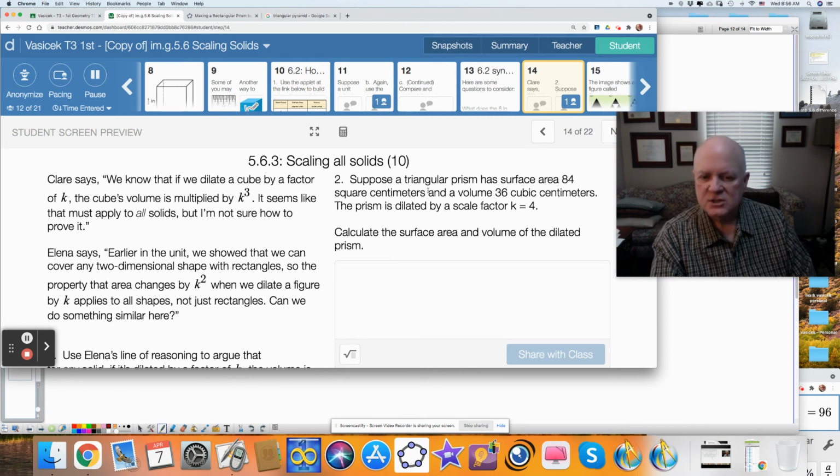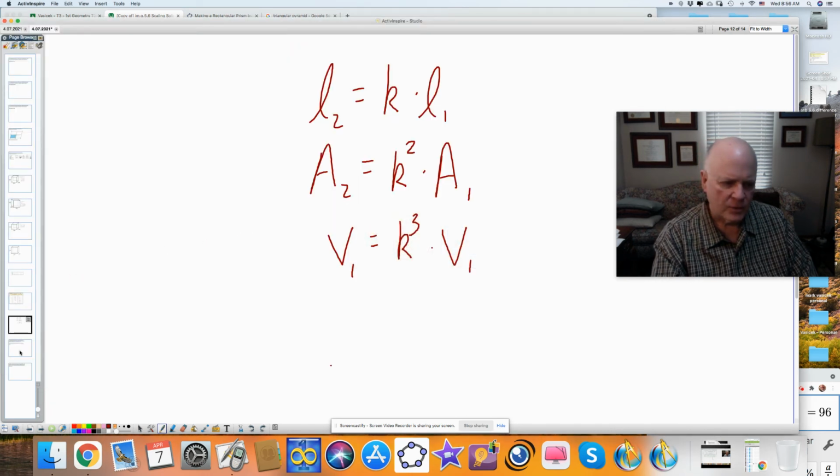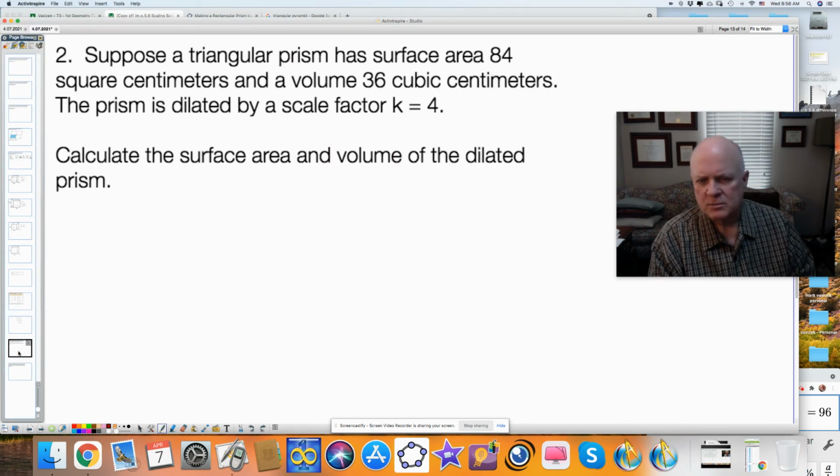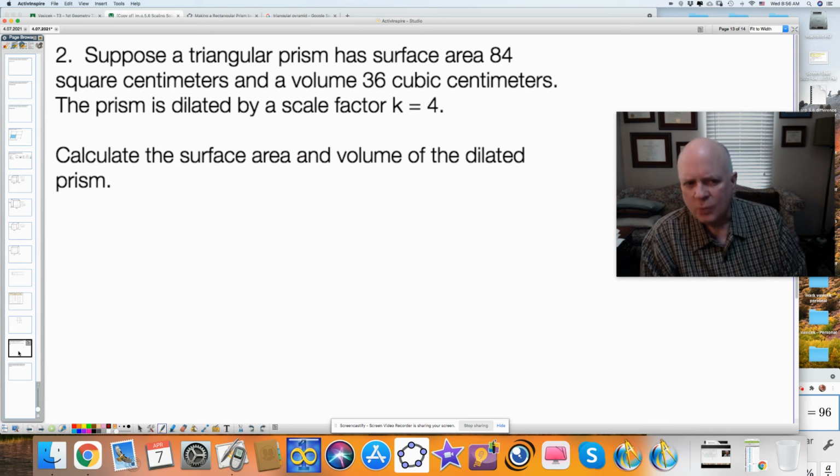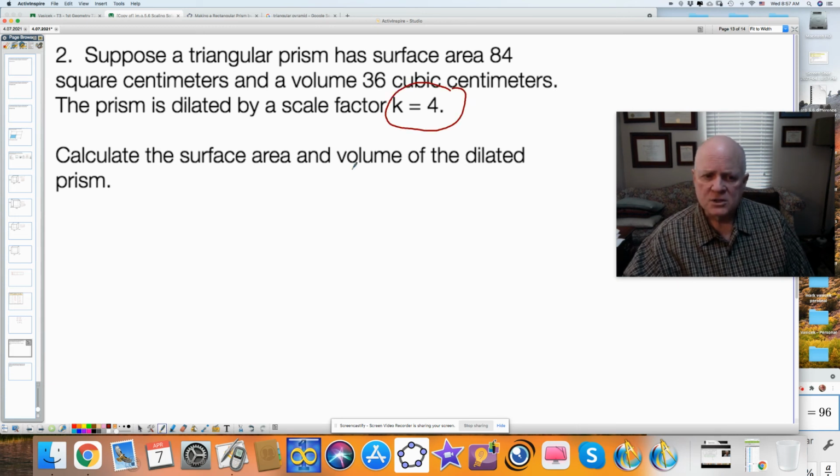So let's go to this question here. Suppose a triangular prism, I'll put it on my whiteboard here, has a surface area of 84 square centimeters and a volume of 36 cubic centimeters. The prism is dilated by a scale factor of k equals 4. What is the surface area? What is the volume?